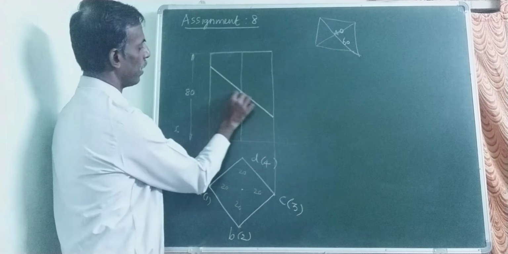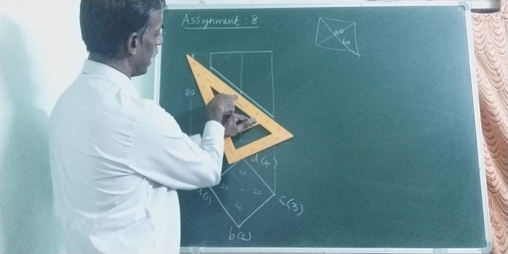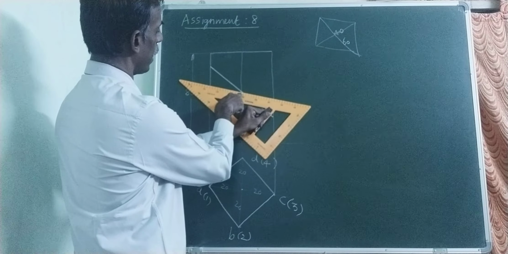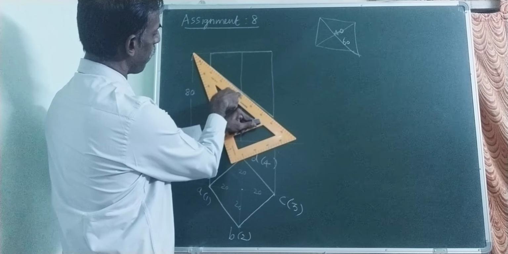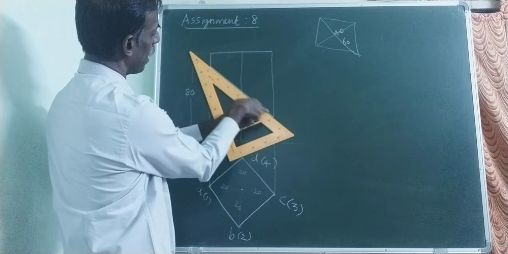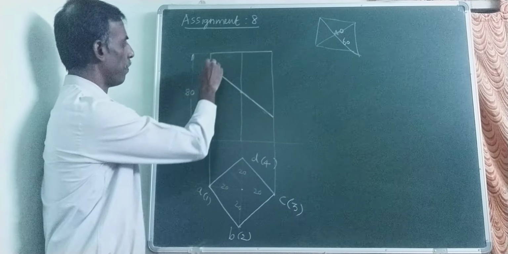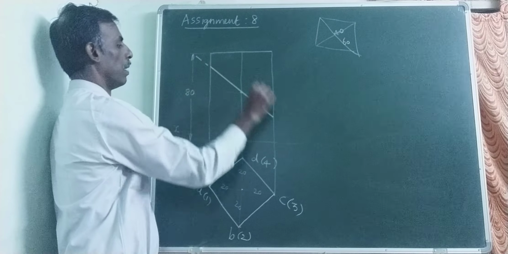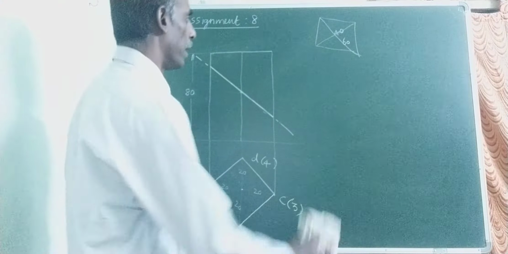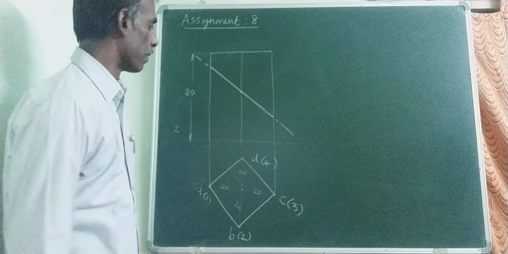Now we found the cutting plane angle. Just keep one point of the scale on the midpoint of the axis and rotate like this. At one particular point you get 60 mm, 30 and 30 on either side. Now the cutting plane inclination we found out. Using this, we are going to draw the sectional top view and the true shape of section.